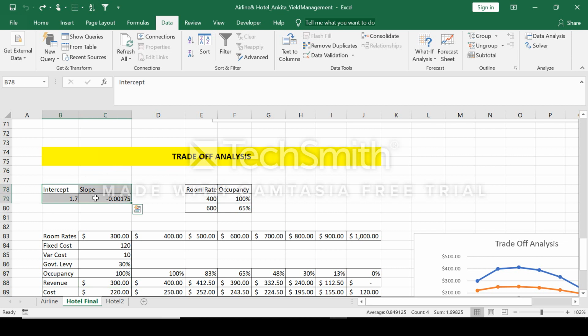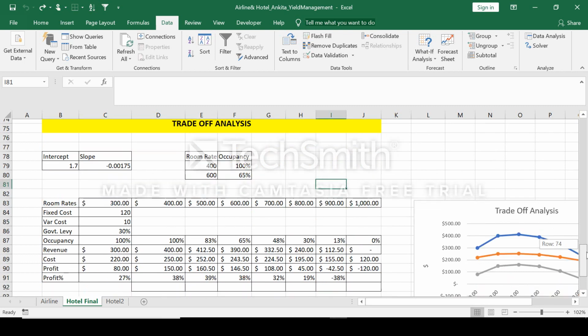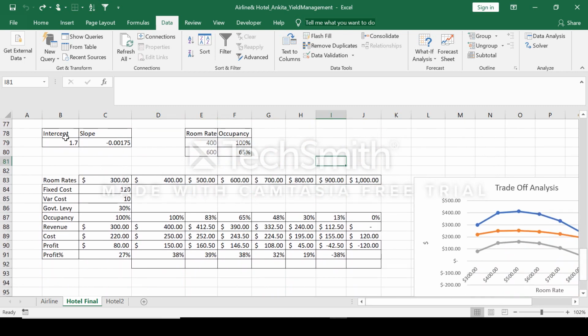We have the intercept and the slope, we have the room rate and occupancy percentage, and using this equation of line a plus bx, we calculate the occupancy. Here we already have the same fixed cost, variable cost, and government levy. We have the different room rates, and we calculate the occupancy, revenue, cost, profit, and profit per spend.